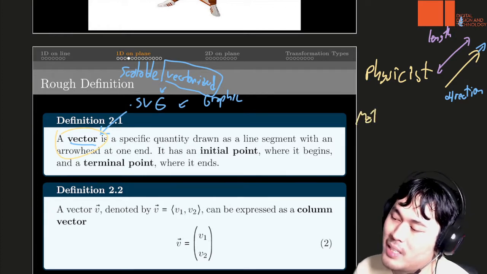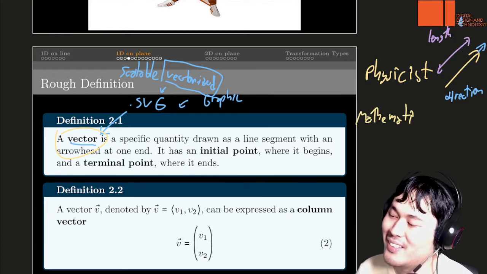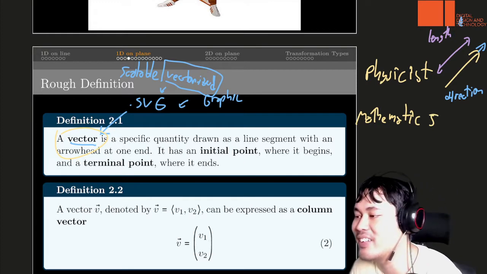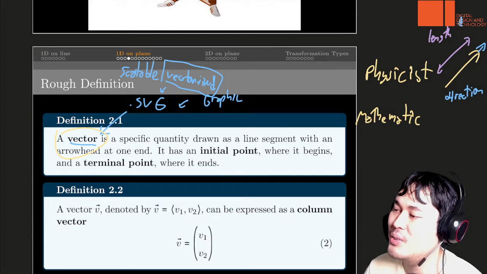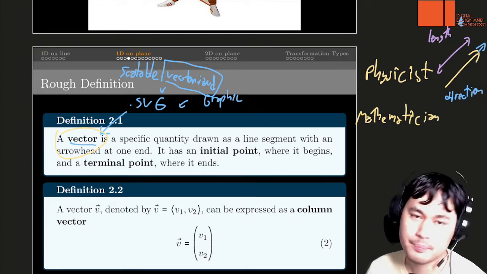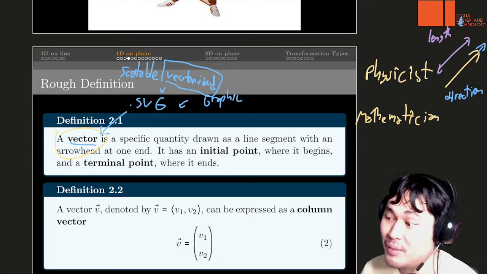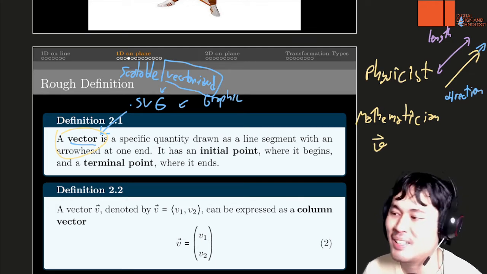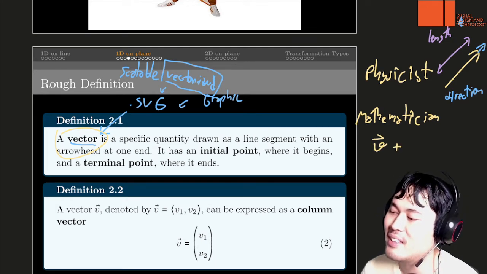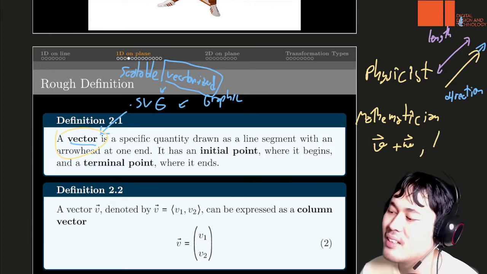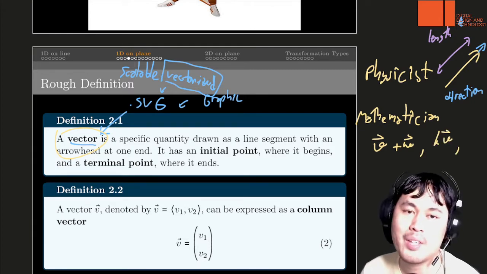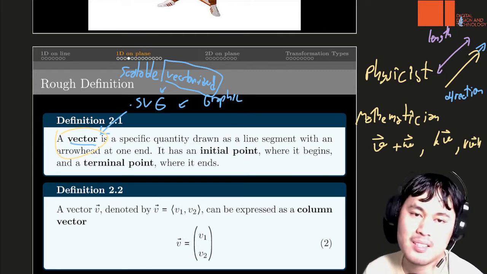If you're a mathematician, a vector is kind of weird, and I don't recommend going into that much detail with mathematicians. But we think about a vector as some abstract number that you can add together, you can multiply, you can do some stuff with it.